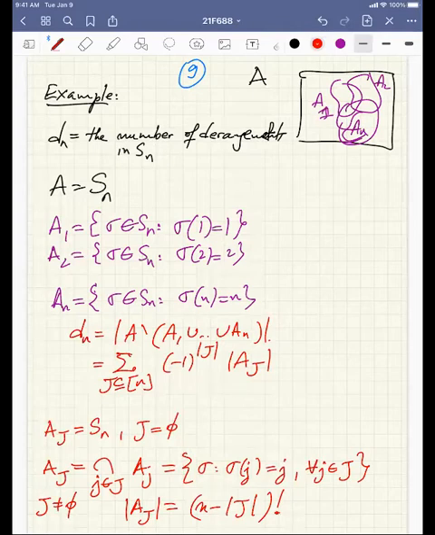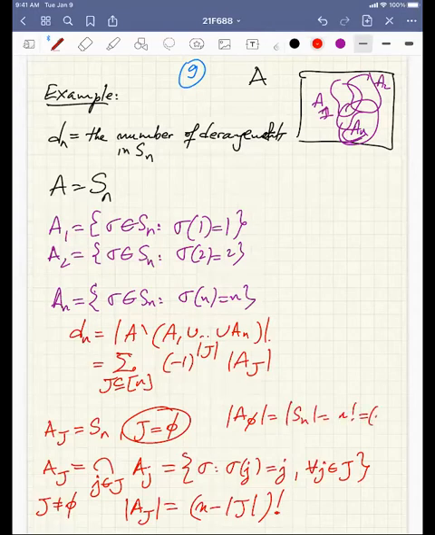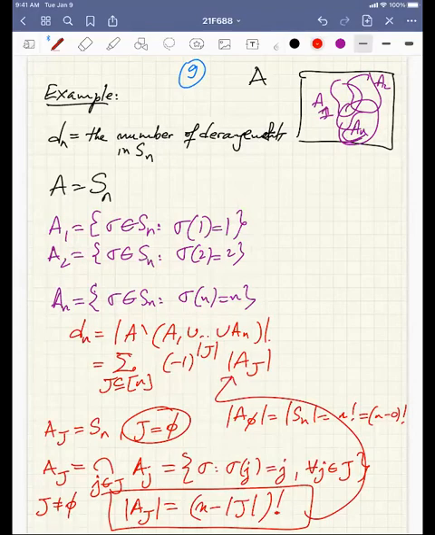And that actually works also when J is the empty set. The cardinality of A of the empty set is the cardinality of Sn, and it's n factorial, which is (n minus 0) factorial. So we can use this formula and plug it in here.